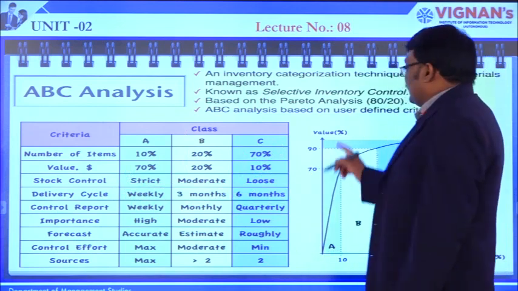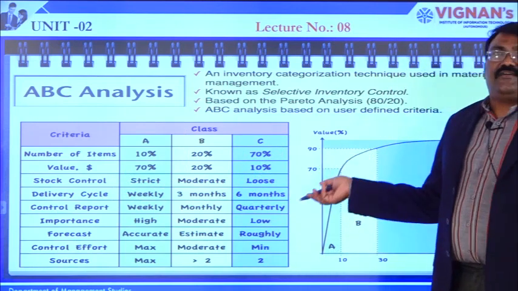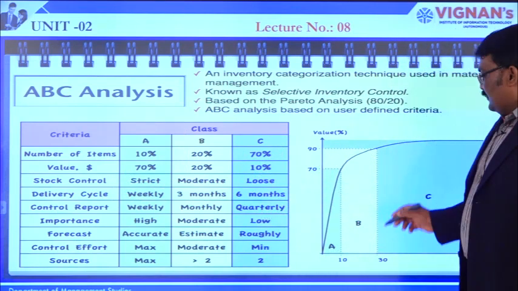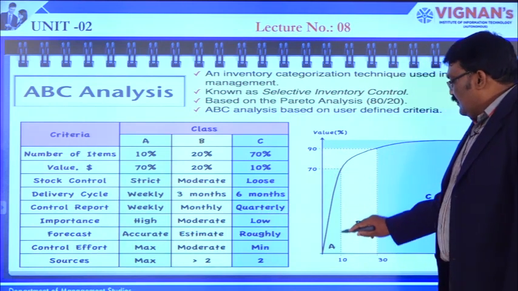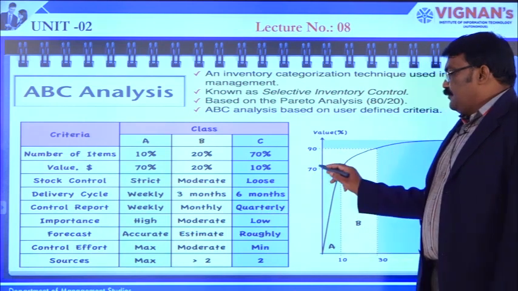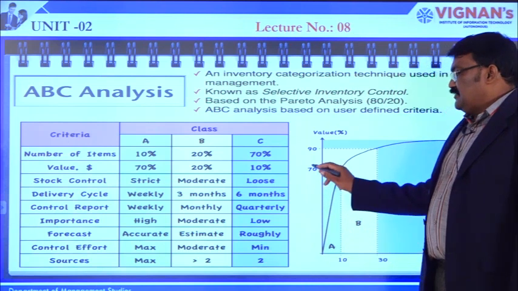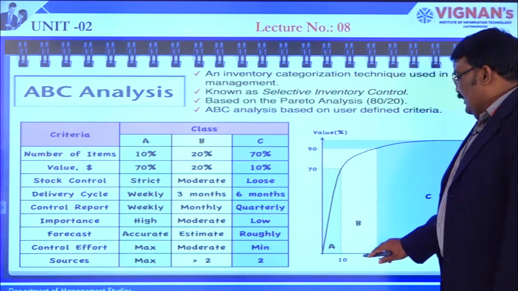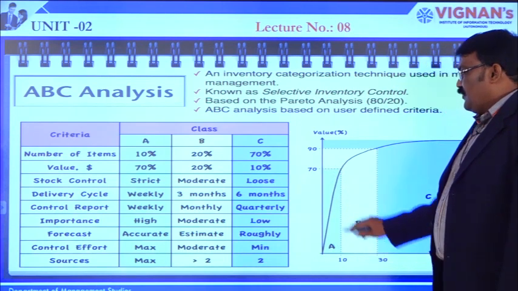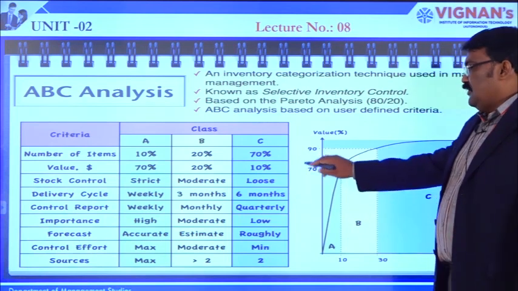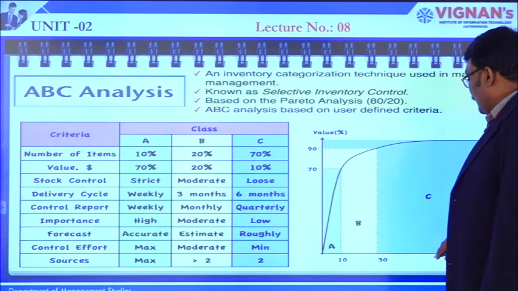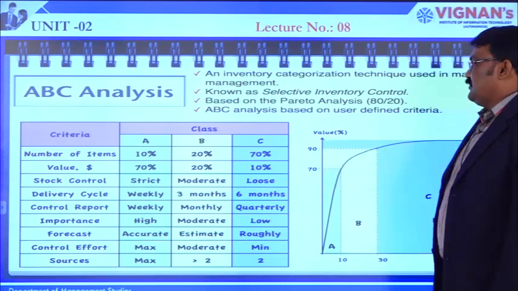Now, as seen in the diagram, we have explained the process: A is 10% volume and 70% value, B is 20% volume and 20% value, and C is 70% volume and 10% value.